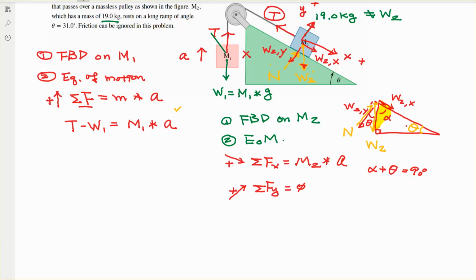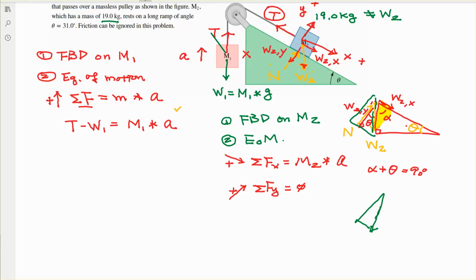Now the question is, how do you know W2x and W2y? This is a little bit complicated, but I have to show you how this works. I'm going to draw a triangle of this part here. This is a triangle over here.